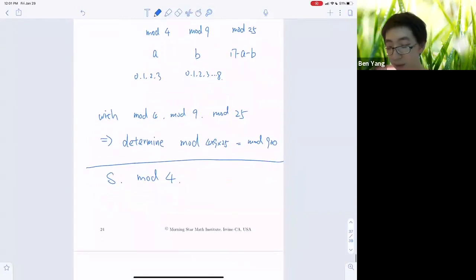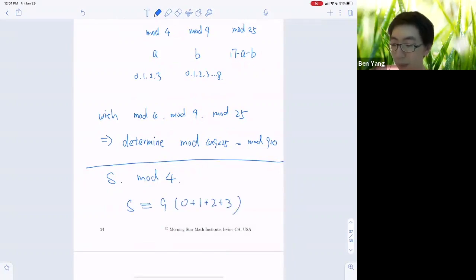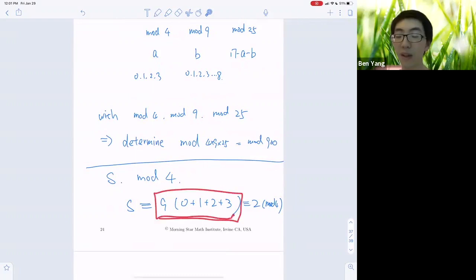So that means S is congruent to 9 times 0 plus 1 plus 2 plus 3, because those are their remainders on division by 4. So here's 6 times 9, 54. So that's congruent to 2 mod 4.